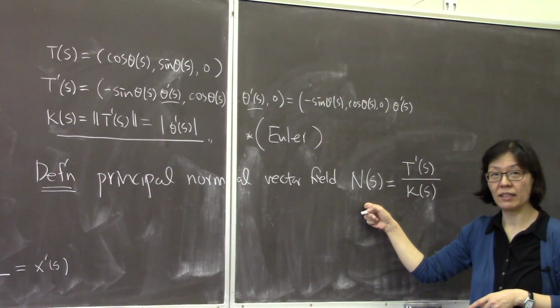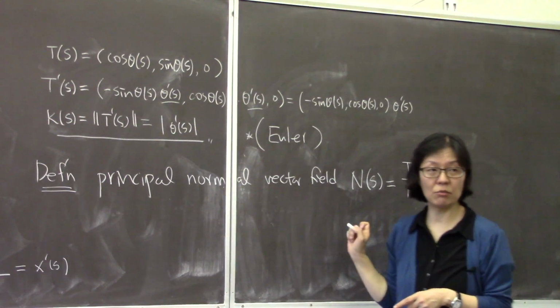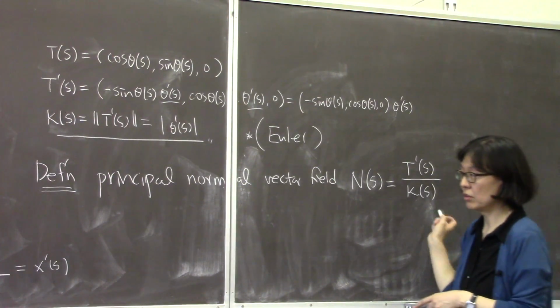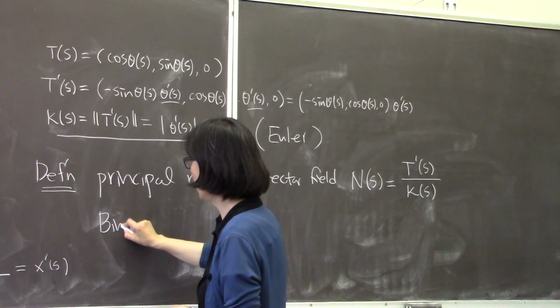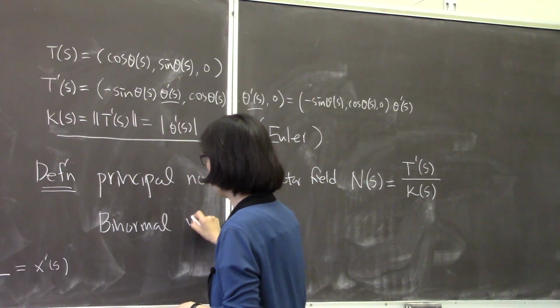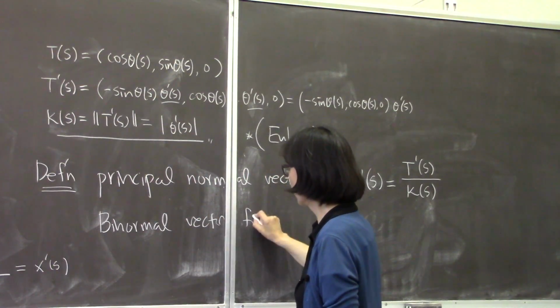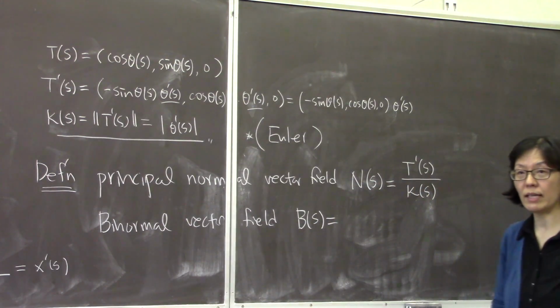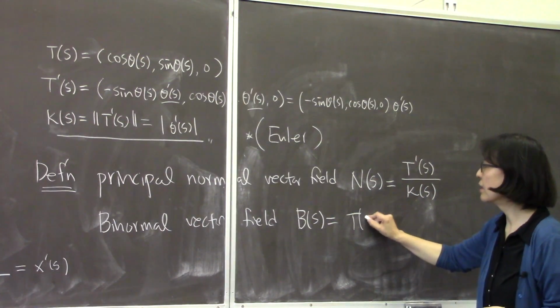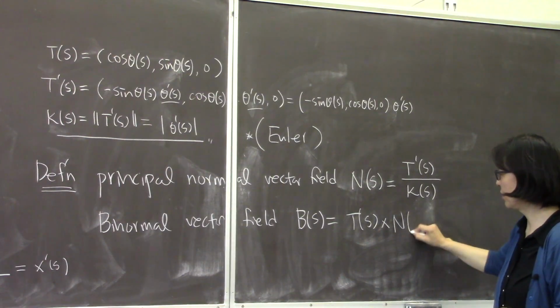Right? And it's called normal; we'll see soon why it is normal. Another normal is the binormal vector field, B of s. That is defined as the cross product of these two.